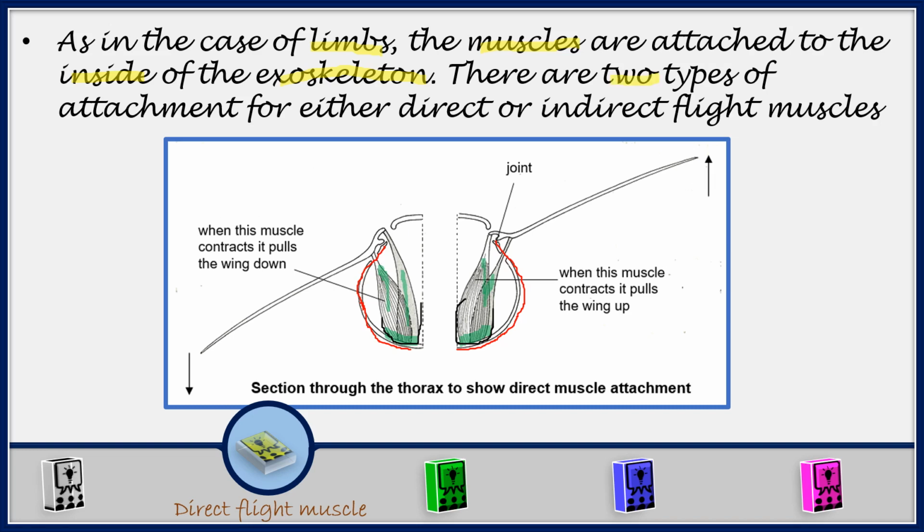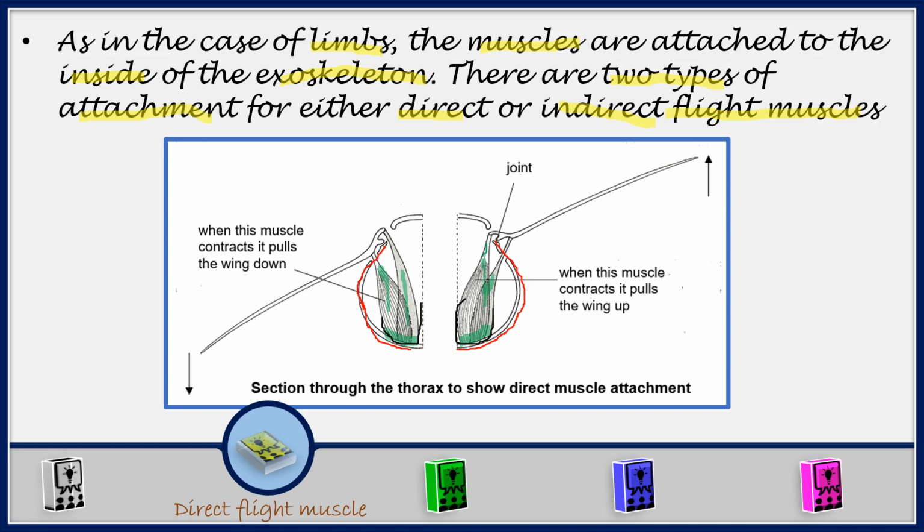There are two types of attachment, for either direct or indirect flight muscle. Now the one which we have here is the direct flight muscle. And why it is referred to as the direct flight muscles, it's because the muscles are attached directly to the wing.